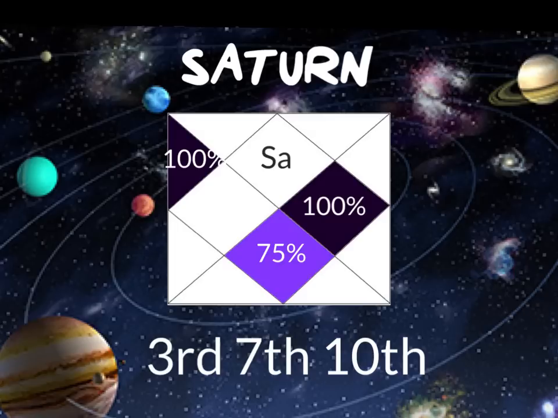So Saturn's Dristi, sight aspects, are here. 3rd house from himself, 7th and 10th. 3rd and 10th though are the strongest aspects. So find Saturn in a chart. It doesn't matter what house he is in the chart. Count 3 signs away. His sign is the first count. 1, 2, 3.